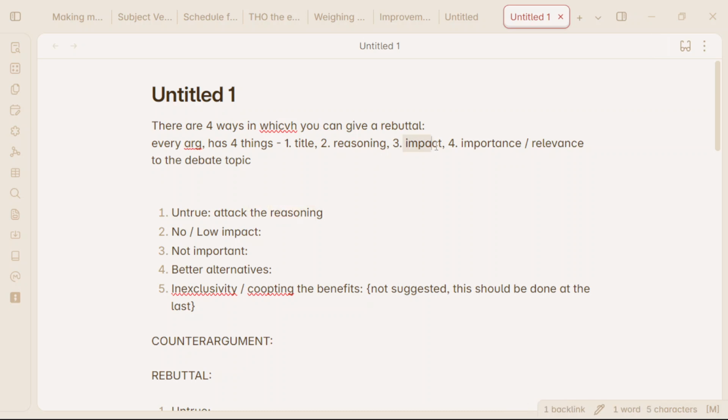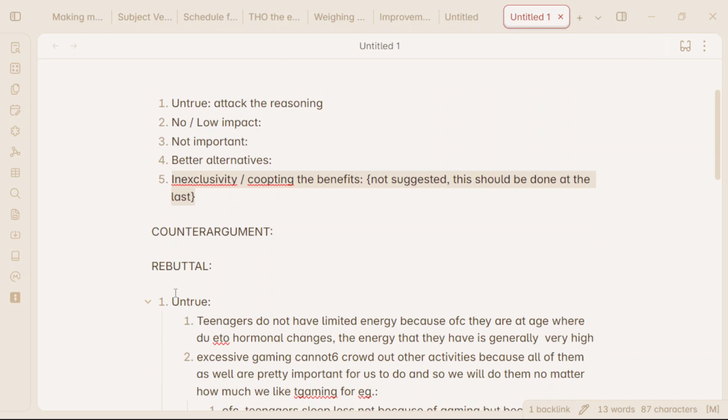You attack their impact and say that their argument has no or low impact. You attack their importance or relevance and say that their argument is not very important for this debate motion. You say that there are some better alternatives available, or you say that their benefits are non-exclusive. This one is not suggested. Do it only when you don't have any other option.